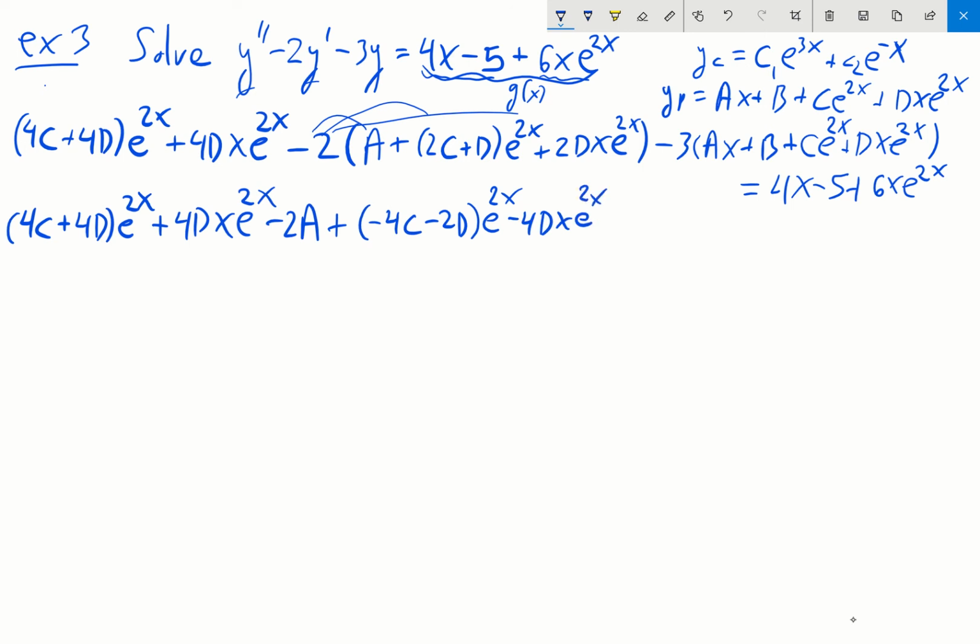And then distributing negative 3 into here, we get negative 3ax minus 3b minus 3c e to the 2x minus 3dx e to the 2x. I'm just going to be a little bit lazy here. Is equal to that thing.